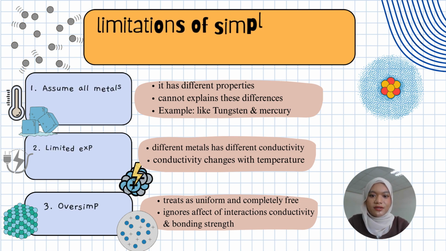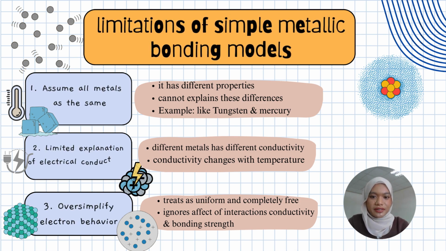The limitations of simple metallic bonding models. First, they assume all metals are the same. Every metal has different properties. For example, tungsten has an extremely high melting point, whereas mercury is liquid at room temperature. Second, the limited explanation of electrical conductivity, as each metal has a different conductivity.